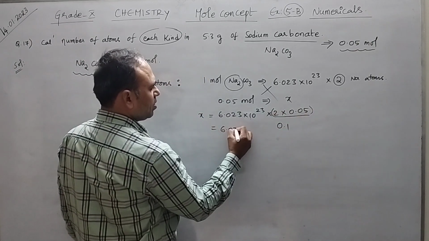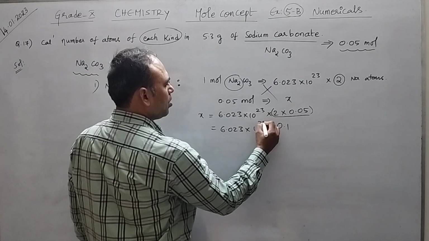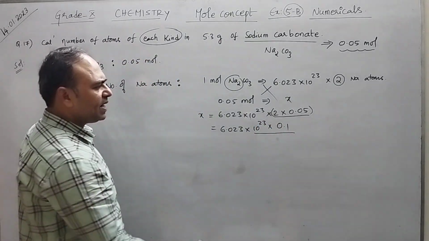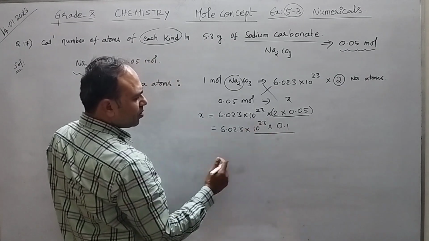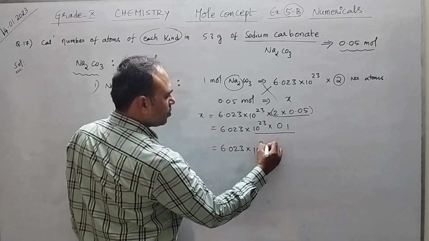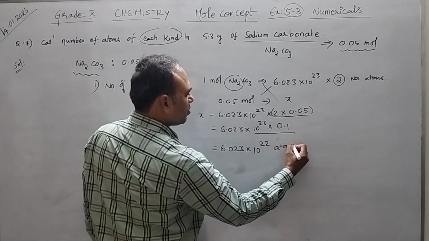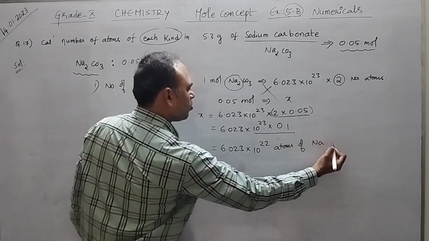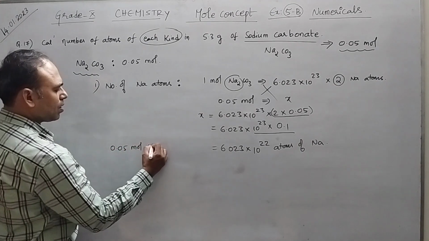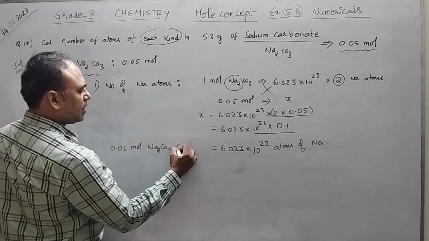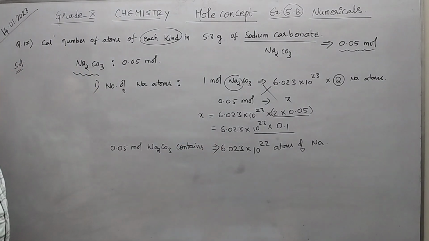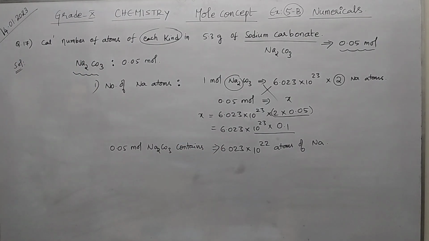So 6.023 into 10 to the power of 23 into 0.1. This 0.1 is nothing but 1 by 10. So finally you can write 6.023 into 10 to the power of 22 atoms of sodium. So 0.05 mole sodium carbonate contains this many atoms of sodium. Hope you have understood this.